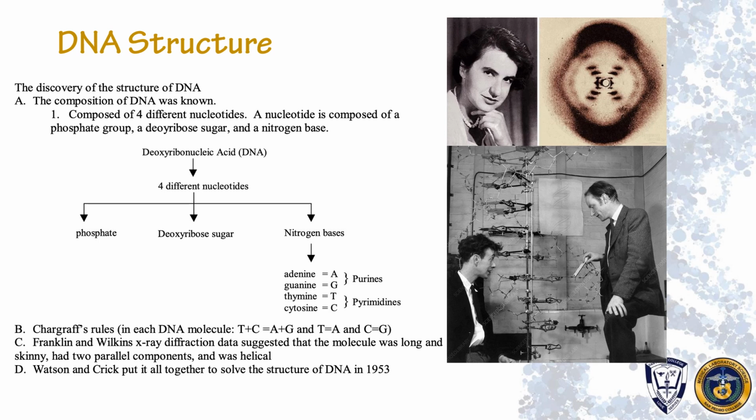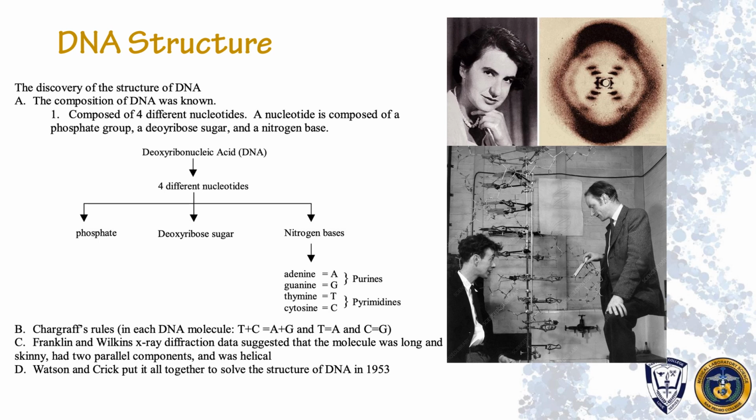We have the phosphate group, deoxyribose sugar, and nitrogen base. But if you are going to expand it, we have five components of your nucleic acids: of course, a phosphate group, a carbon, a nitrogen, an oxygen, and a hydrogen.